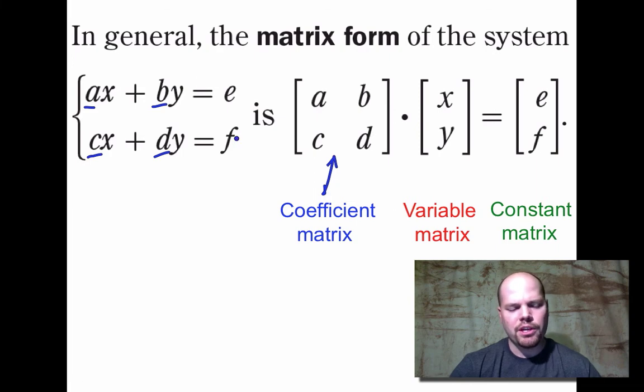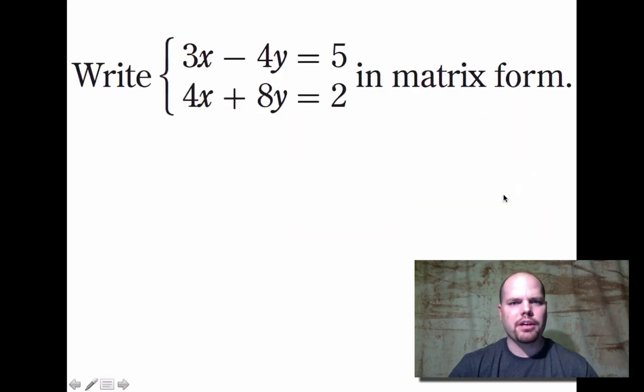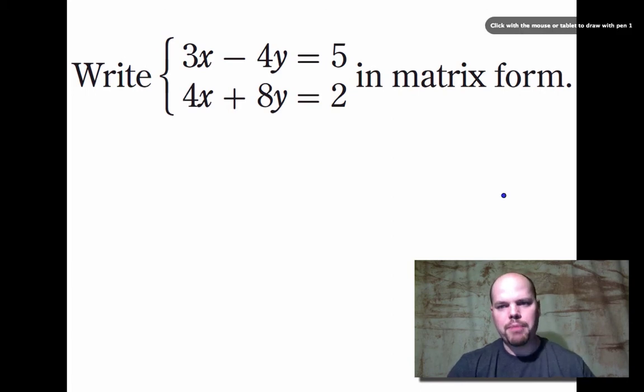I've solved these using the multiplication and elimination method, which is the addition elimination method. And now we can use a matrix to represent the structure of a coefficient matrix, a variable matrix, and a constant matrix.